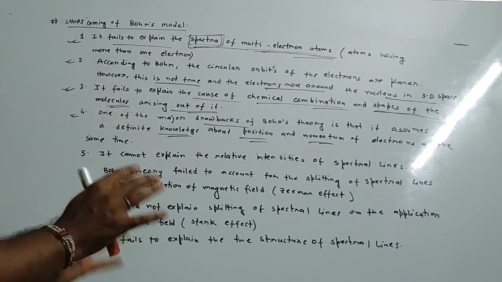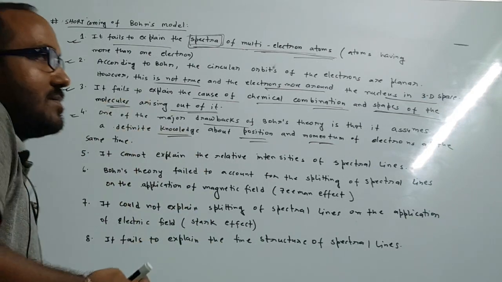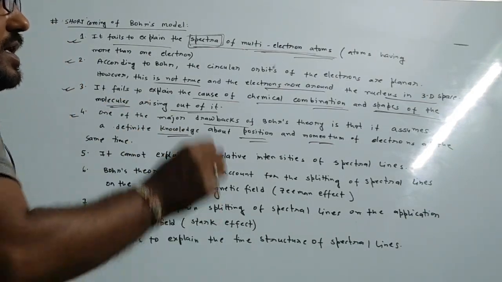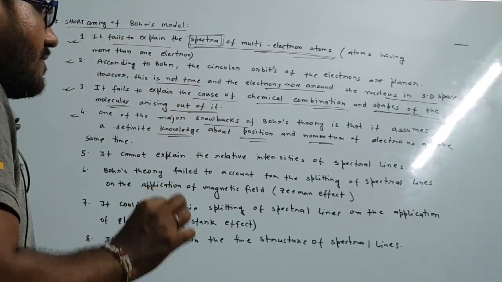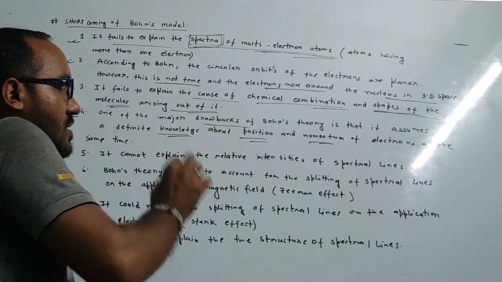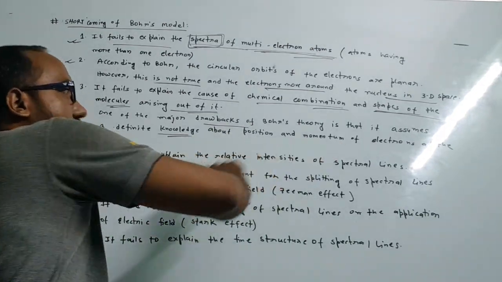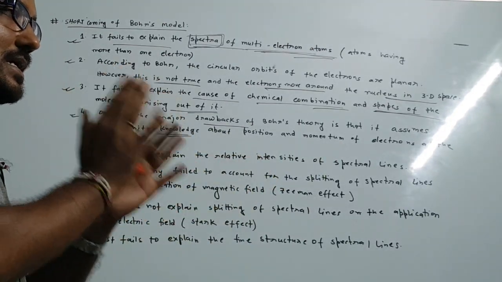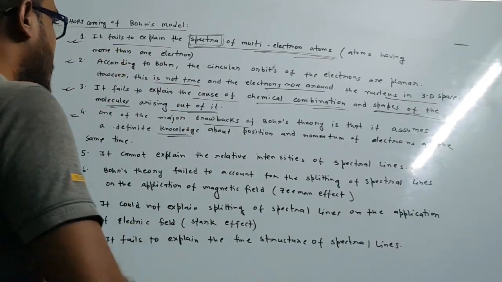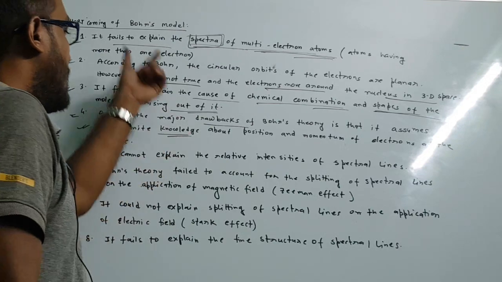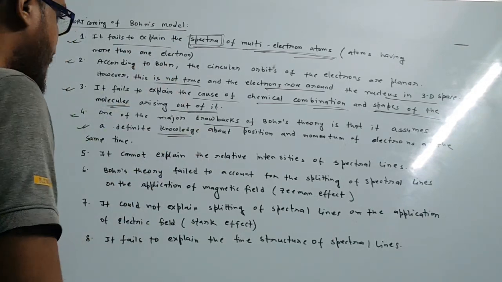But according to Heisenberg, you cannot find out the exact location of the electron and the momentum of the electron at a particular time. So from the Heisenberg perspective, Bohr actually fails to explain that.